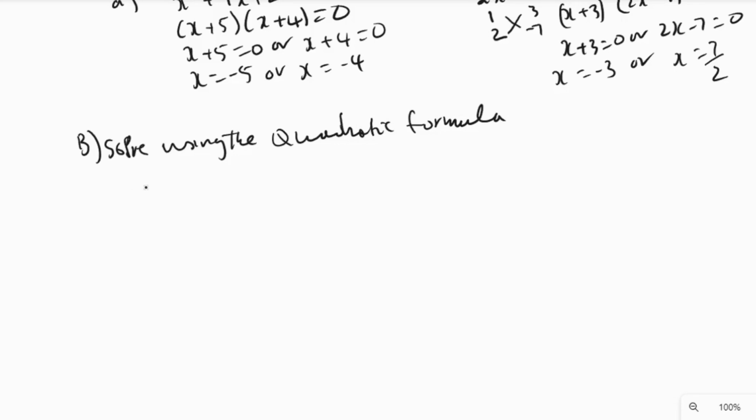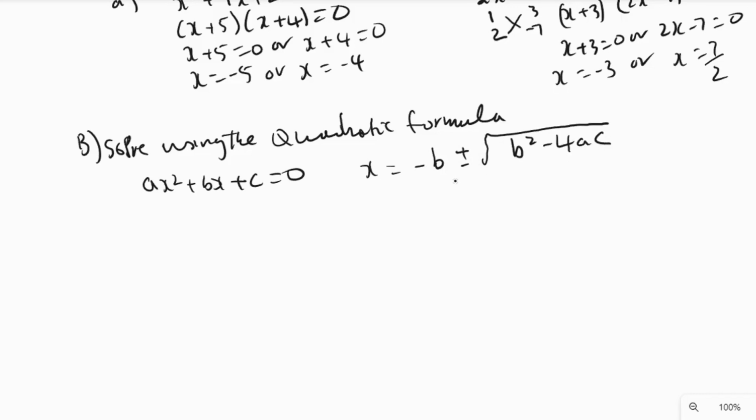So the quadratic formula is based on the expression ax squared plus bx plus c equal to 0. From this one, I can find the solution by using x equal to minus b plus minus square root of b squared minus 4ac over 2a.